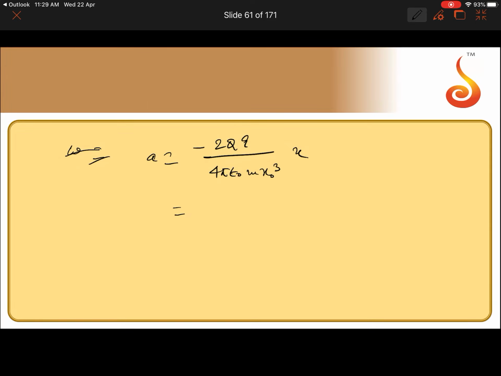We can write it like this, minus 2 mg sine theta by m x naught into x.